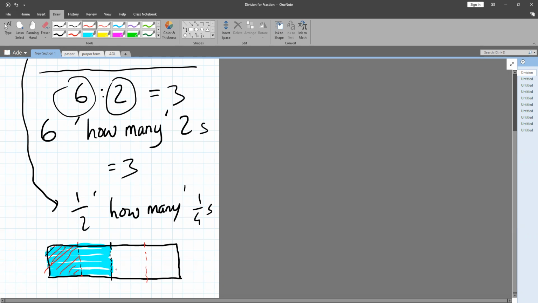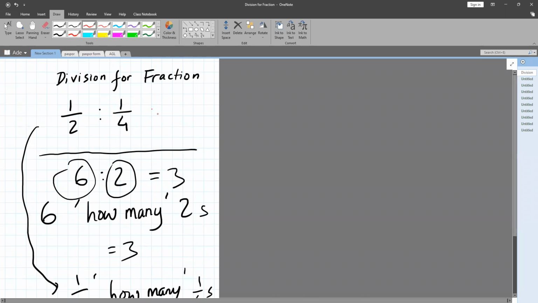So when you look at half here, how many quarters, we have 2 of quarter, right? So the answer is equal to 2. So the meaning of the division is basically the same as when you do the division for whole numbers or integers, like 6 divided by 2, that means 6, how many 2s, and you got this number.